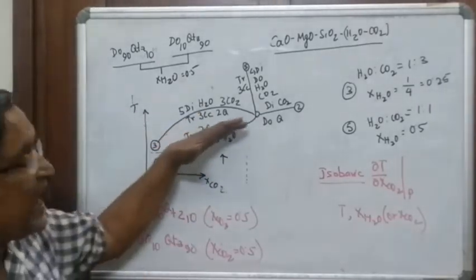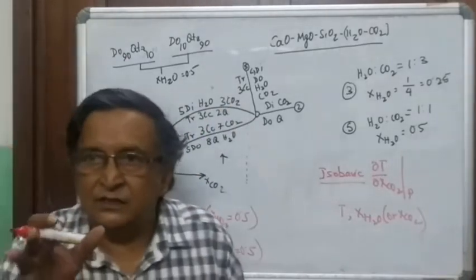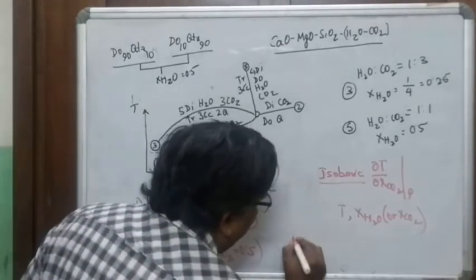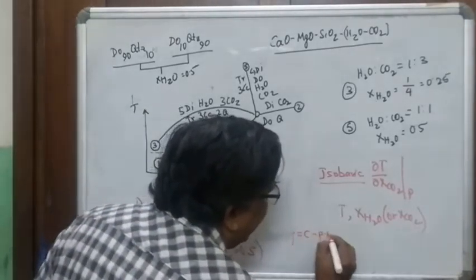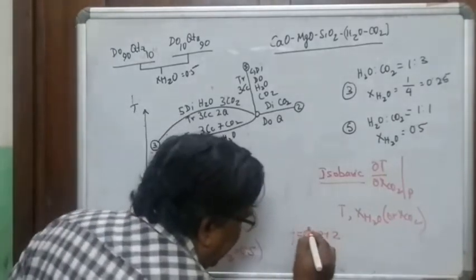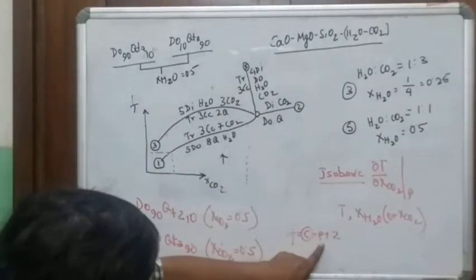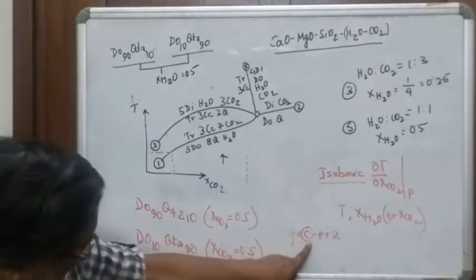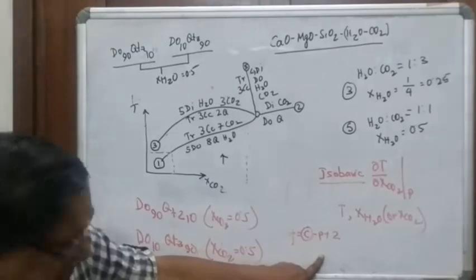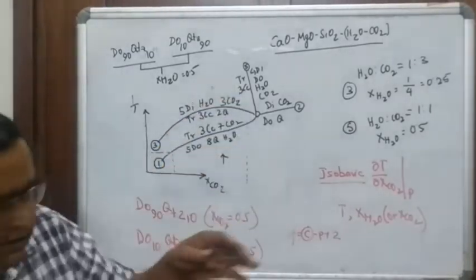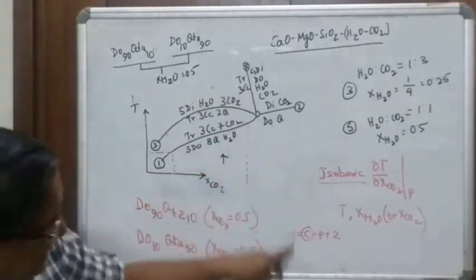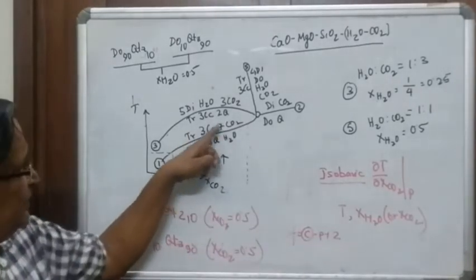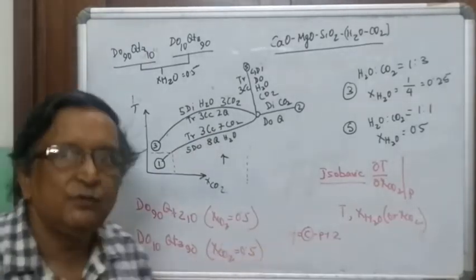From the equation F is equal to C minus P plus 2, if you keep C constant and decrease P, the number of phases, say this dolomite quartz, then your variance will be higher. But if you increase P, the number of phases, then your variance will decrease.